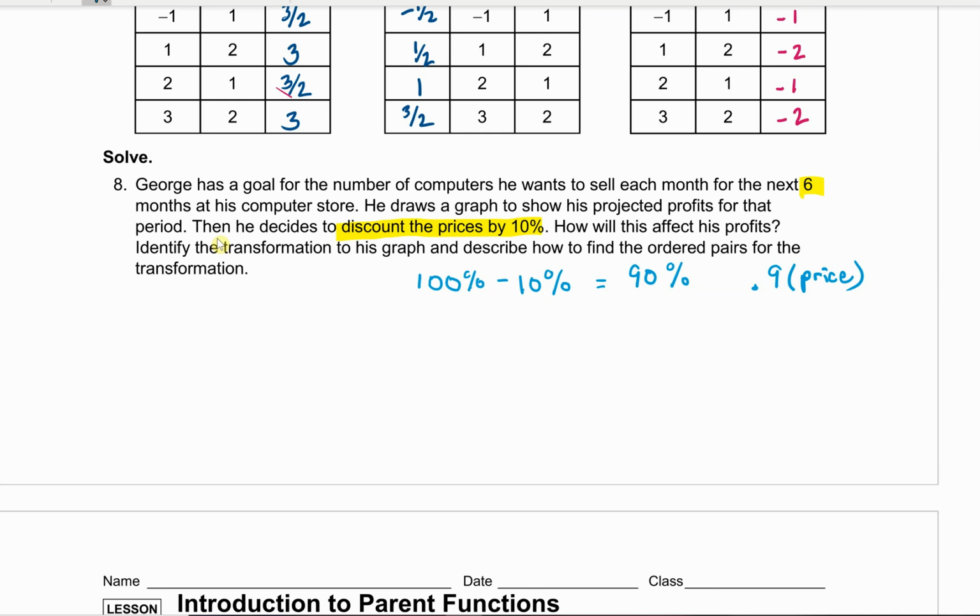And I think it's going to be, how is this going to affect his profit? Well, profit is how much money you make from sales, right? So discounting everything by 10% is going to be a vertical change. It's going to be a vertical compression.